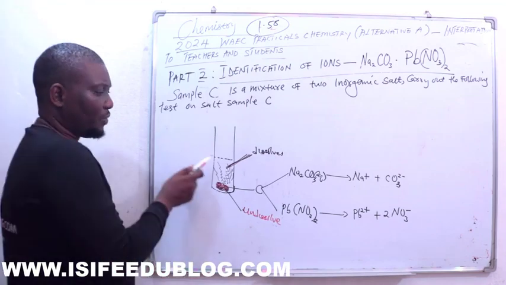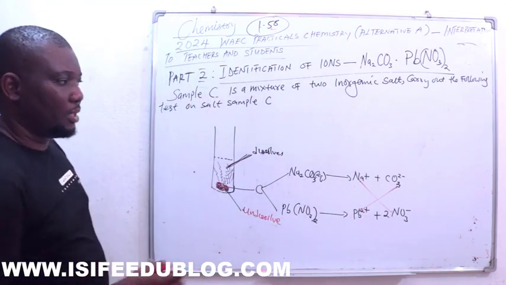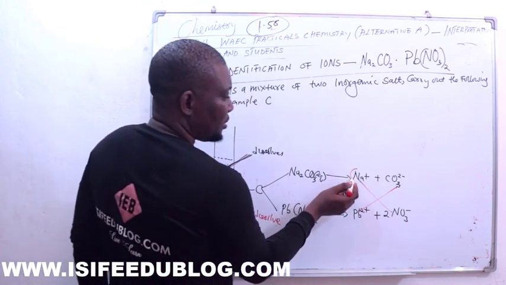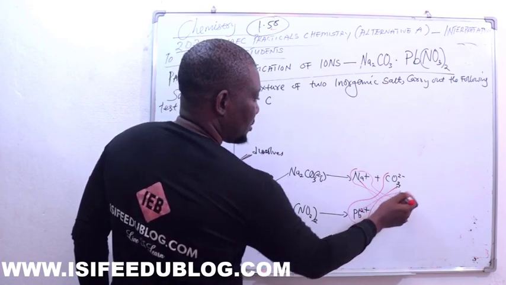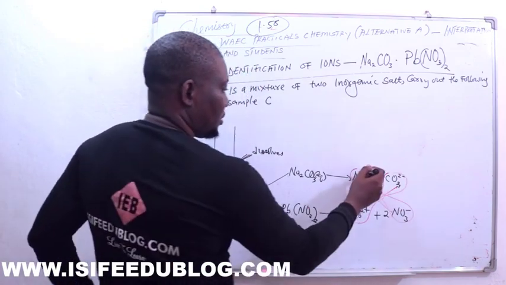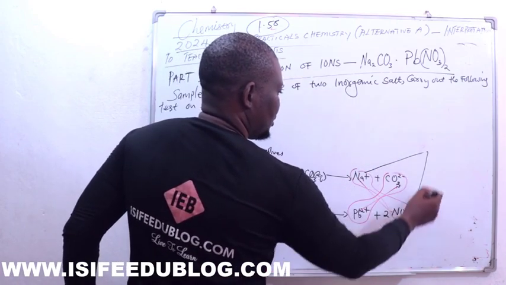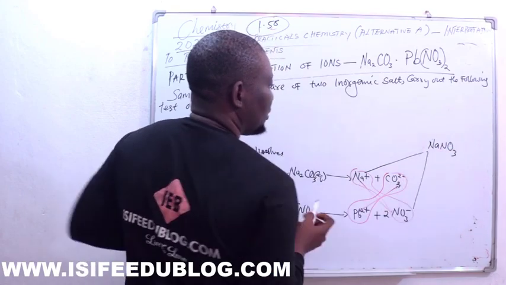So at the point of adding water, this happens. That means this will go with this, and this will go with this. Sodium going with nitrate gives NaNO3.